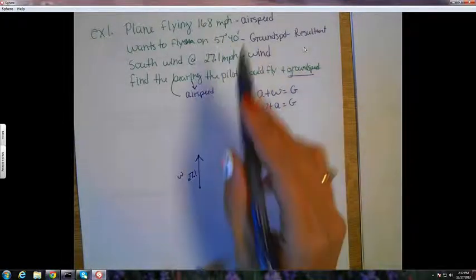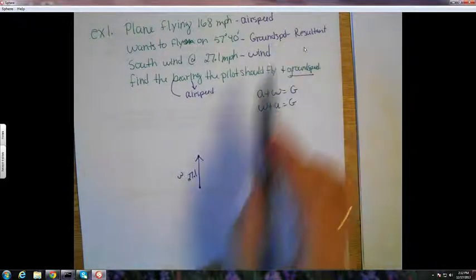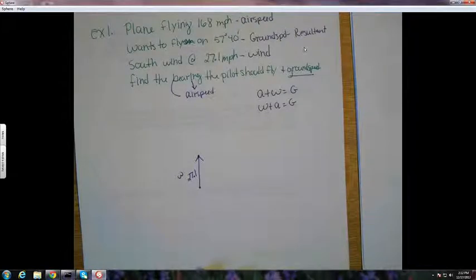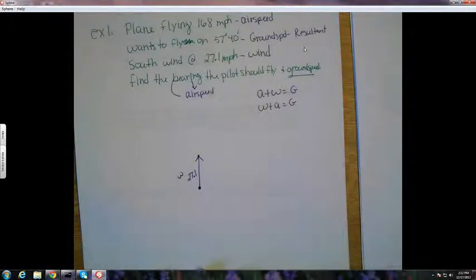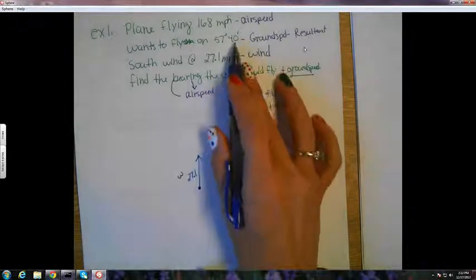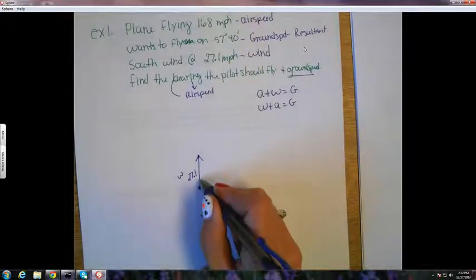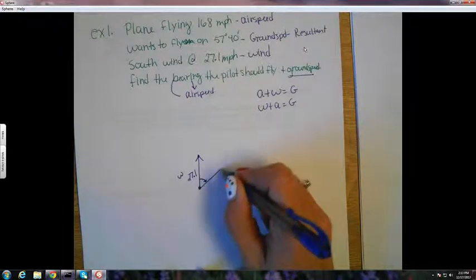So if the airspeed's getting attached here, where would the resultant start? At the tail. This is where the ground speed starts. So I'm going to draw that one in. So, let's see, what have we got? 57 degrees, 40 minutes. So I'm going to swing over. Here's the ground speed vector.